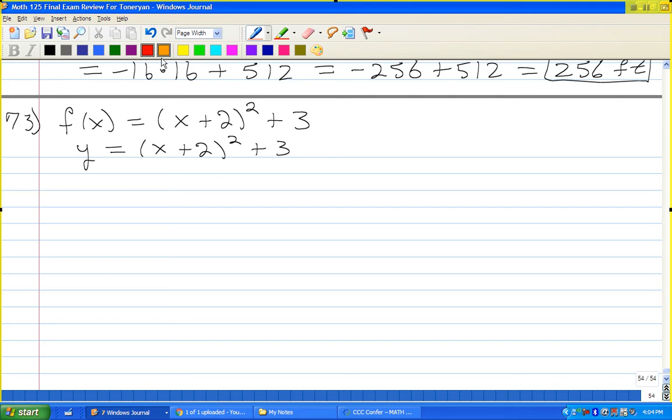Let me subtract 3 from both sides of my equation. And so this just looks like y minus 3 equals (x plus 2) quantity squared.